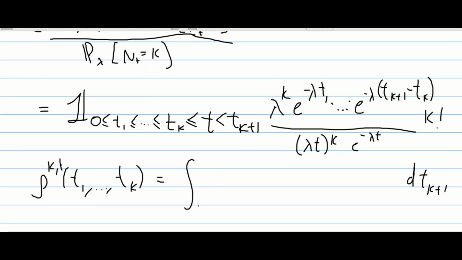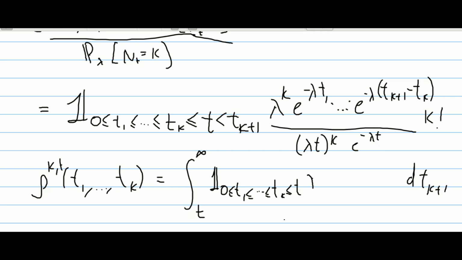The above is saying that we are integrating t_{k+1} from t to infinity, so this is taken care of by the limits of the integral. The rest, the indicator function, stays: 0 smaller than t_1 all the way up to t_k, and t_k is smaller or equal than t.